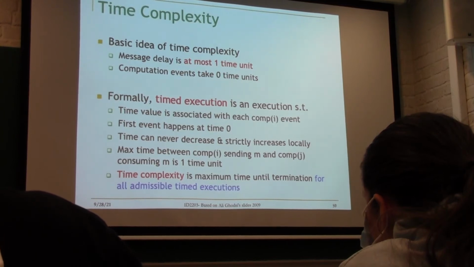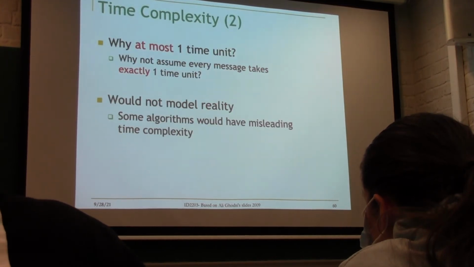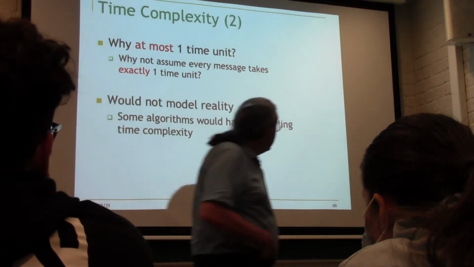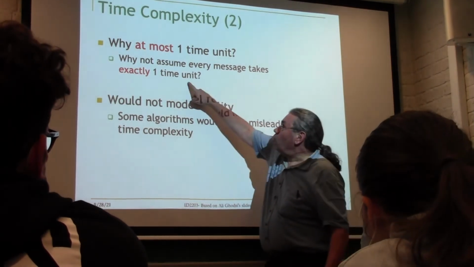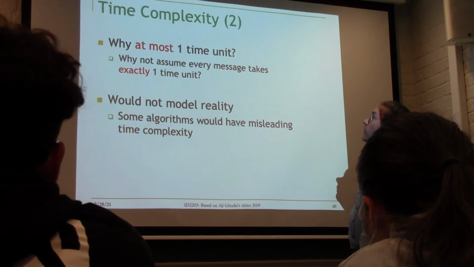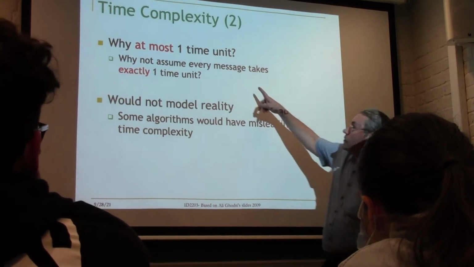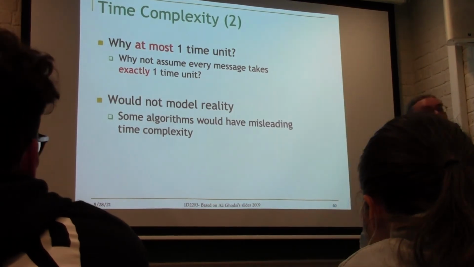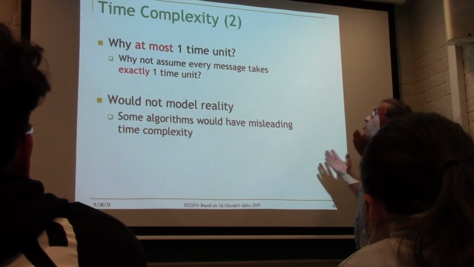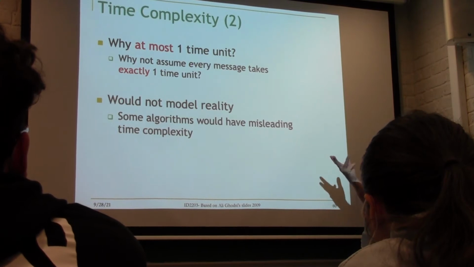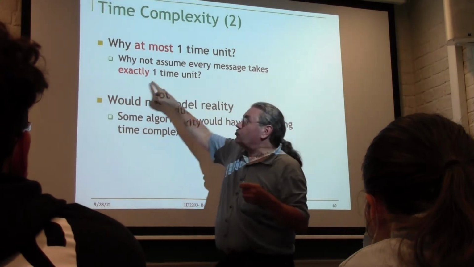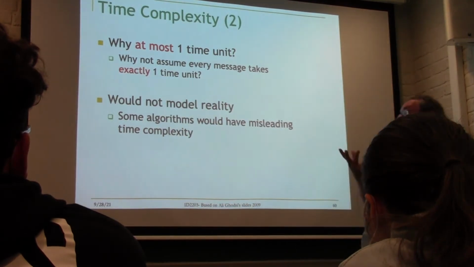So I'm going to give you an example here, an algorithm. We're going to compare two ways of doing it: each message takes exactly 1, or each message takes at most 1. Now, intuitively, it's not really clear which one is the best. Maybe intuition tells you the exactly 1 is the better approach.